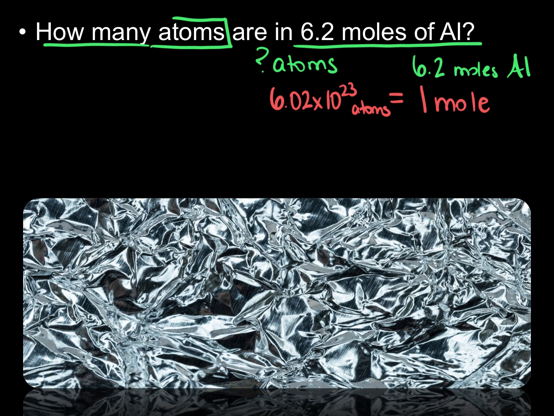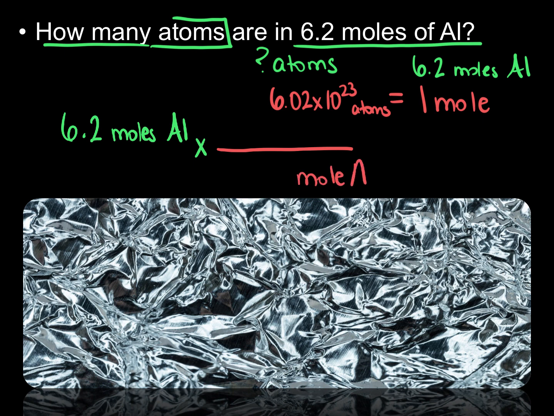So the common way to set this up is to start with what you're given, 6.2 moles of aluminum, and then put in the relationship you know. So moles of aluminum is going to go on the bottom because I don't want it anymore, because I want to cancel it out. It's what I'm starting with, so I'm putting it on the bottom here.